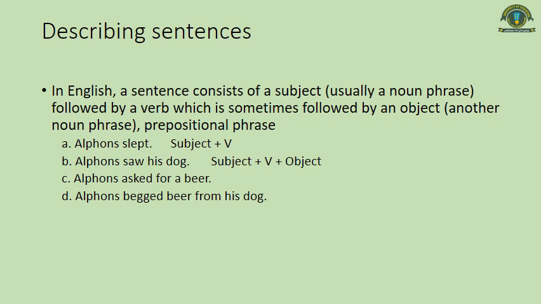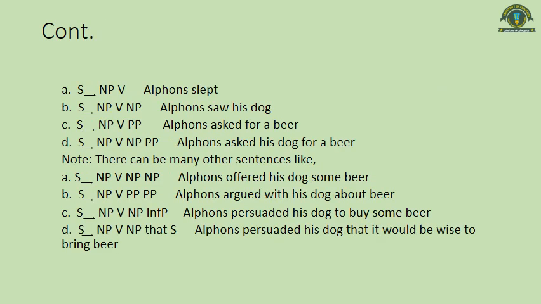You can see here the first sentence, S, is made up of noun phrase and verb. Alphonse slept. The second sentence is made up of noun phrase, verb and again a noun phrase. That is Alphonse saw his dog.